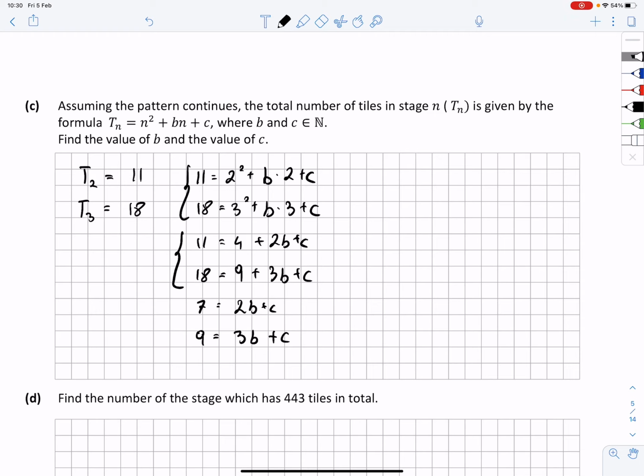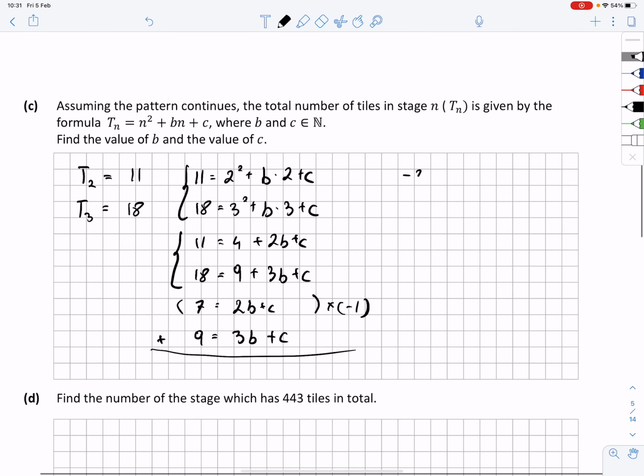I'm going to multiply the first equation by -1, and then I'm going to add the two equations to end up with the following. So -7 equals -2b minus c, and 9 equals 3b plus c. Adding the two equations allows me to get rid of the constant c. So I'm ending up with 2 equals b.